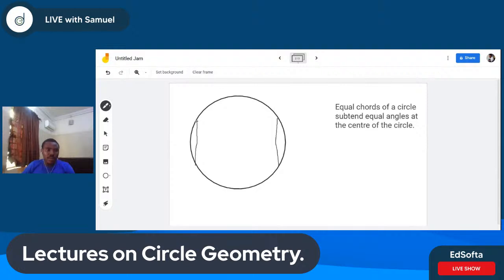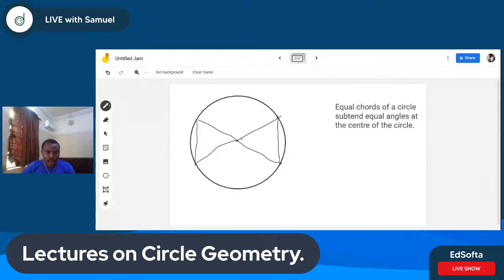So if the lines are straight and you have two chords and they are equal in length, then the angle when you connect them to the center of the circle is the same.